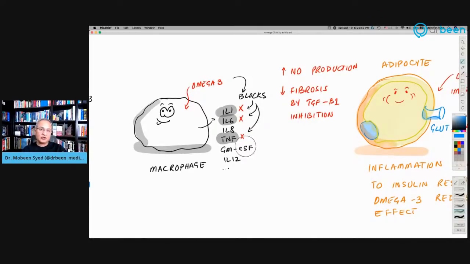You know that interleukin-1, interleukin-6, and TNF are related to amplifying the immune system response. So presence of omega-3 reduces the innate arm of the immune system's function, suppresses it a little bit, modulates it a little bit, reduces the inflammation. And this is what we want. So that is a very important function.